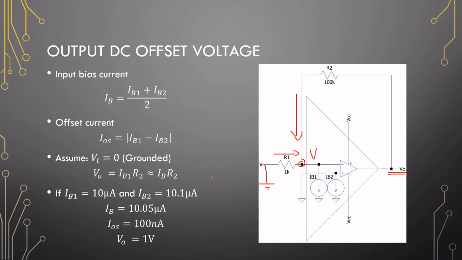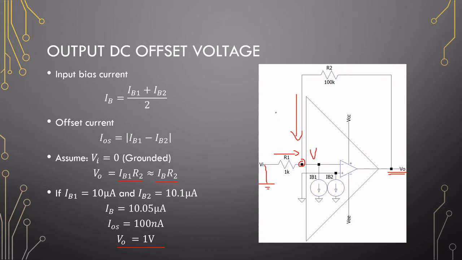So to calculate this, our output offset voltage is IB1 times R2, or roughly IB R2. Okay, so if this bias current is 100 microamps, we could have up to a 1 volt offset at the output. That is quite a lot.